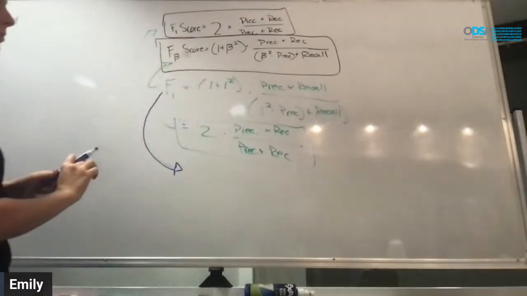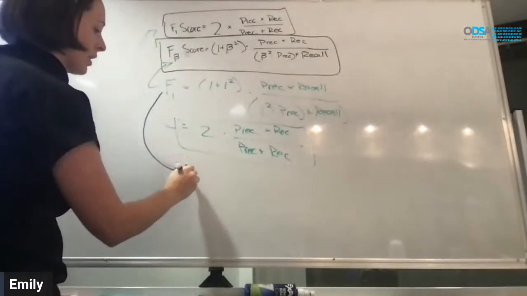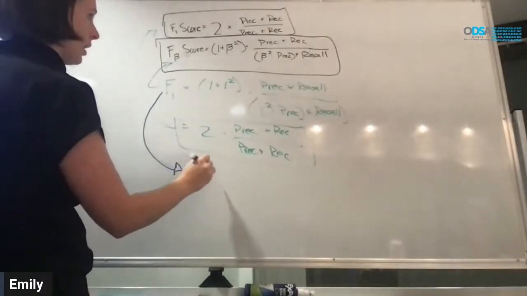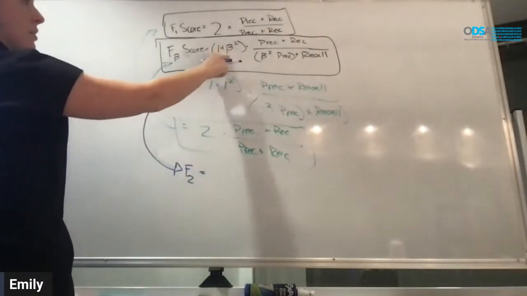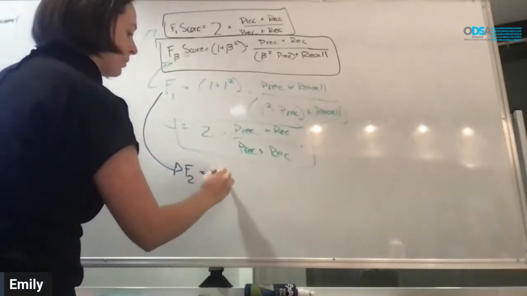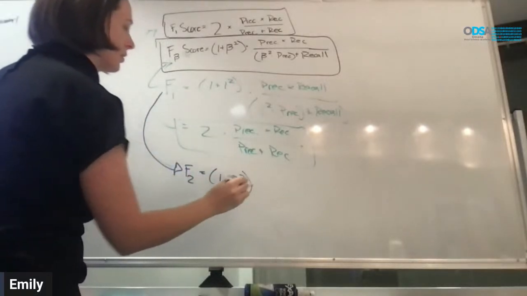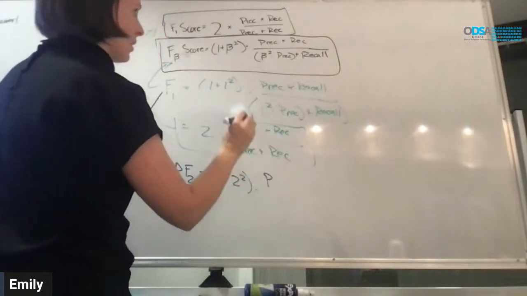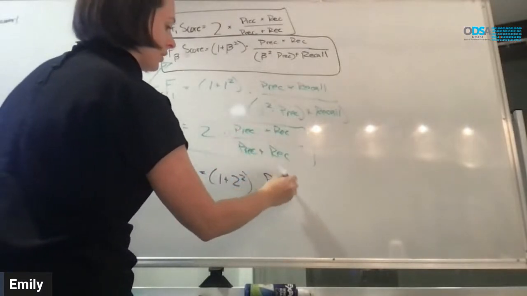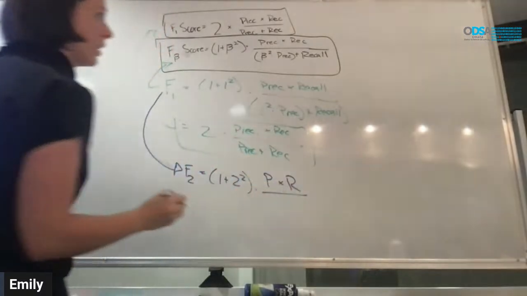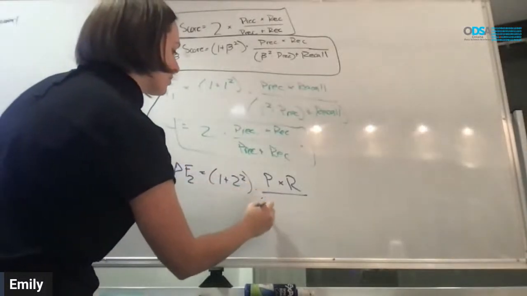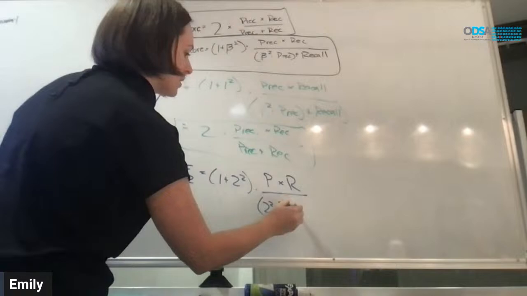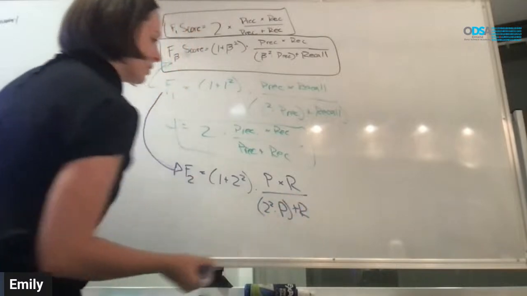Let's plug in 2. So let's do an F2 score. That is going to be 1 plus beta squared, 1 plus 2 squared, times precision. I'm just going to abbreviate to P and R because I'm tired of writing those out. Beta squared, so 2 squared, times precision plus recall.